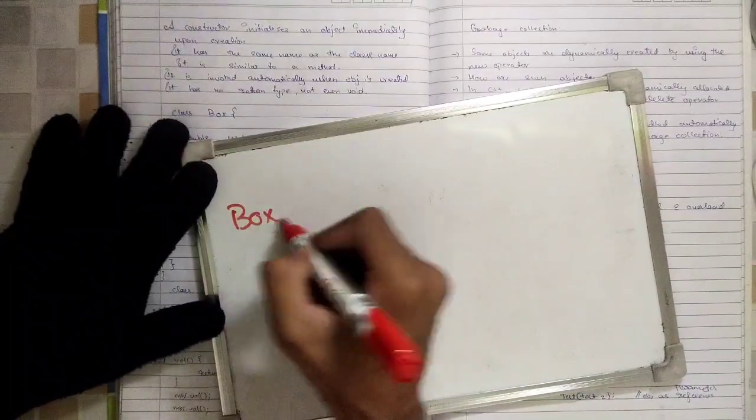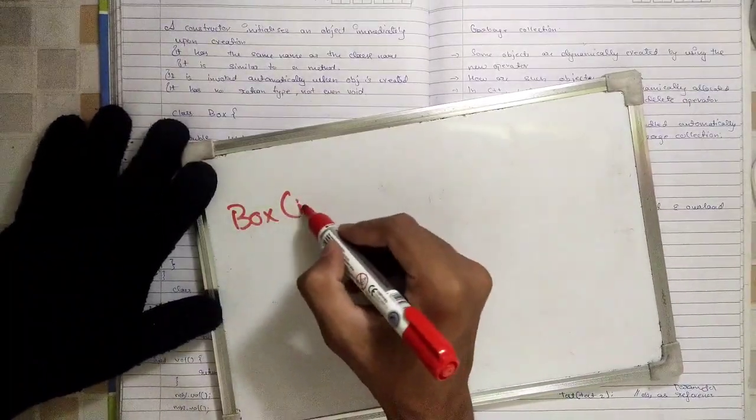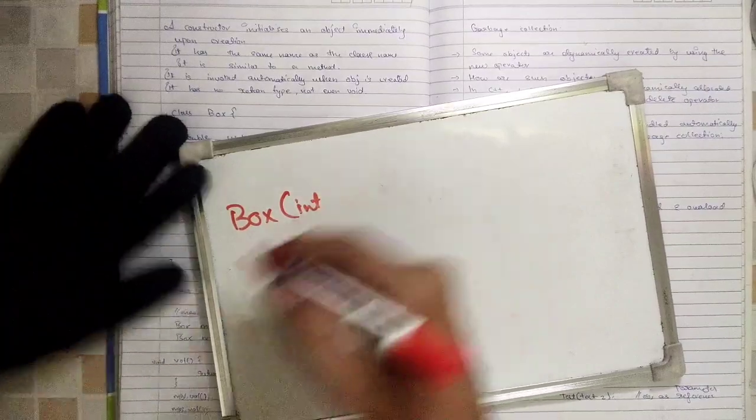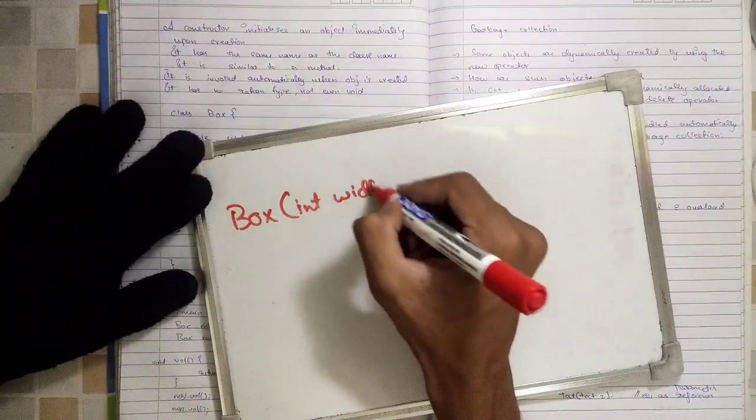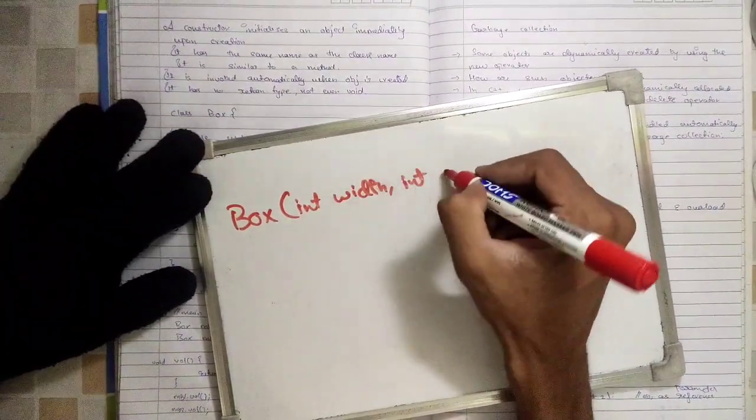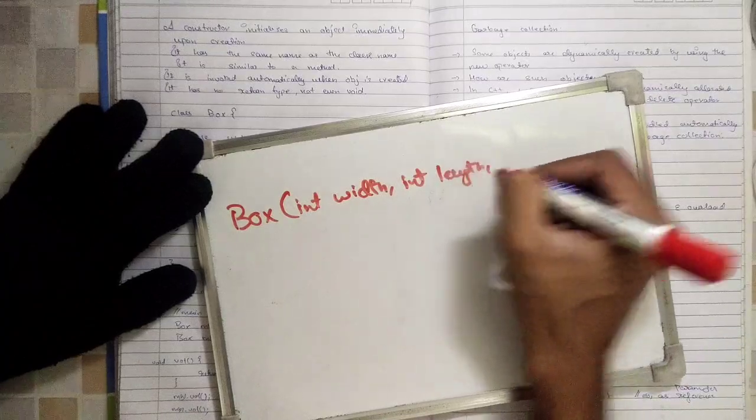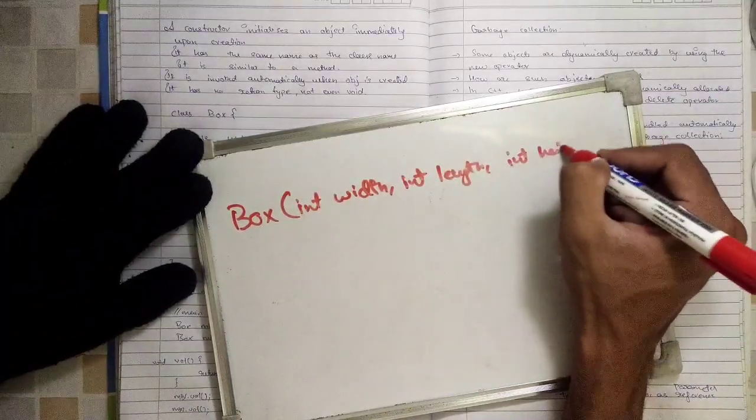Let me just write here. It's not clear over there. So Box. Let me take int instead of double, it's kind of lengthy to write. Int width, int length, int height.